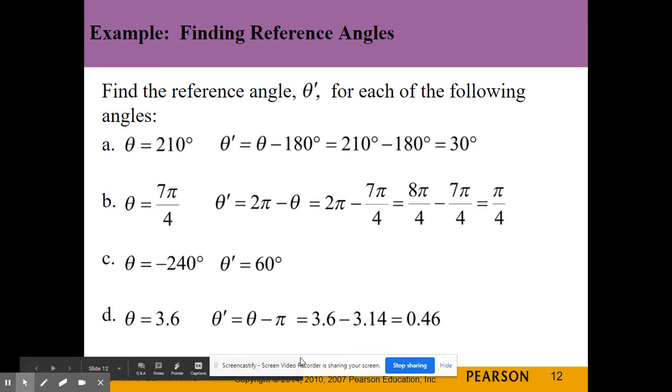Anyway, you'd end up with 60 degrees for that. Part D, if you had 3.6, you're just going to subtract pi from it because we're treating 3.6 like it's a radian. If it doesn't have degrees, it's not degrees, and you end up with 0.46.